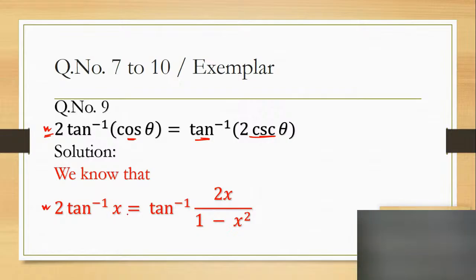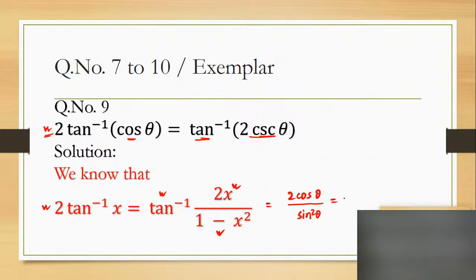So let's see, we know that 2 tan inverse x equal to tan inverse 2x by 1 minus x square. So here, instead of x we have cos theta. So here will be 2 cos theta, and 1 minus cos square theta equal to sin square theta.